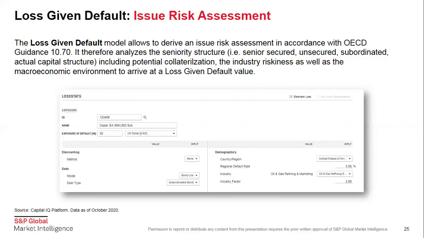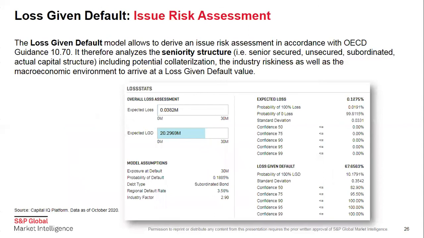So we now have a regional default rate and an industry factor that we can determine based upon a $30 million US loan, which is a subordinated bond in terms of its hierarchy, taking a look at the entity itself.